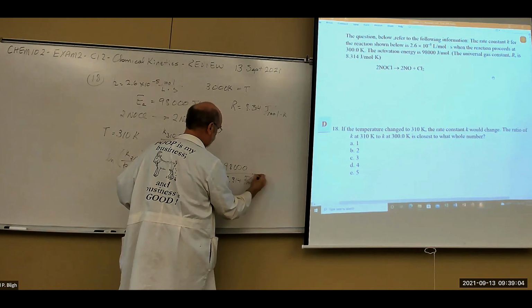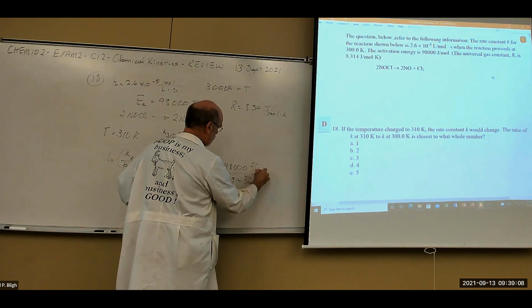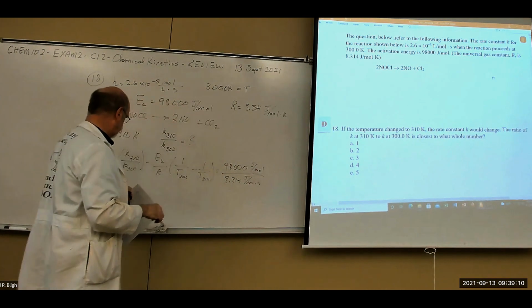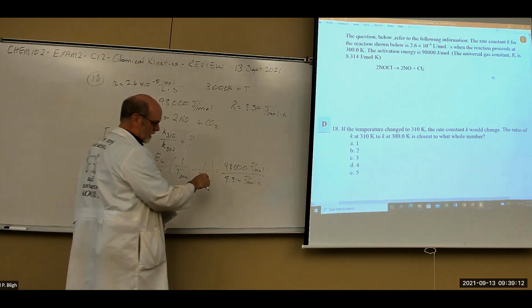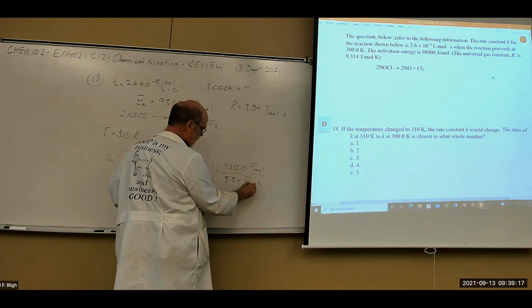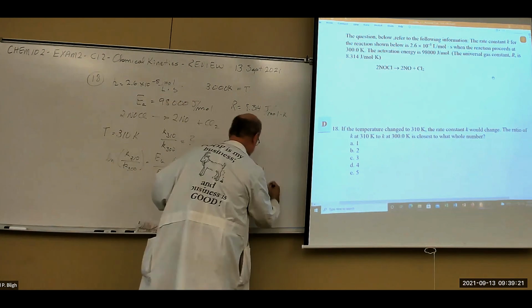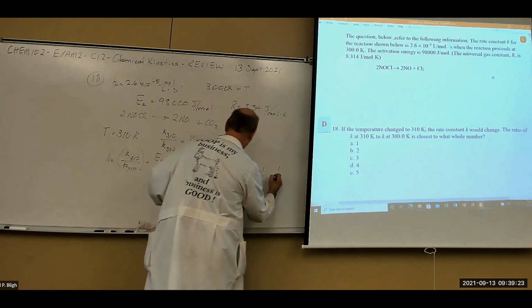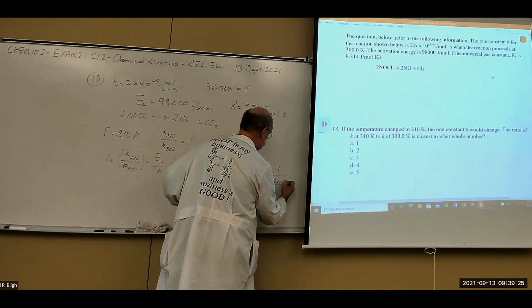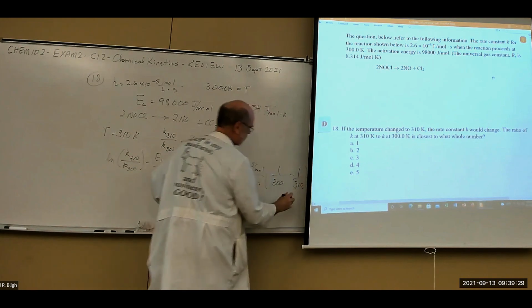So this one has to be in joules per mole. Notice this joules per mole and that joules per mole cancel. And that means 1 over 300, and this has to be in units of temperature K, 310.